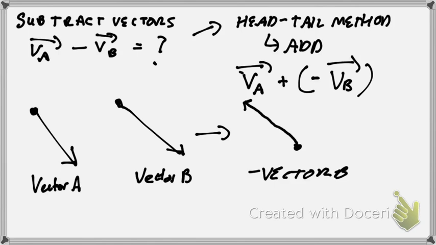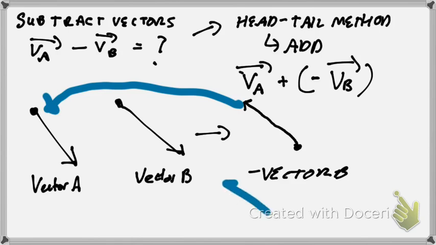And what you would find out is that if you put this head at this tail, the vectors would cancel out.